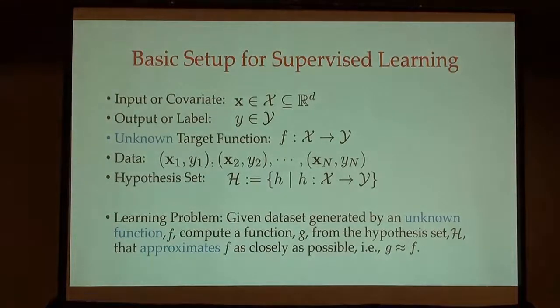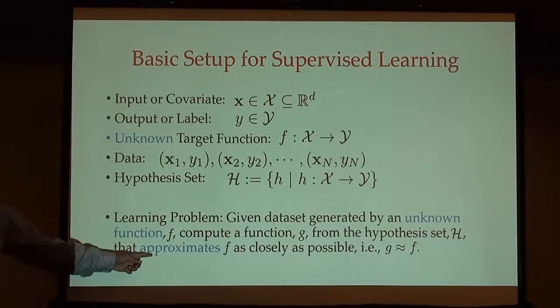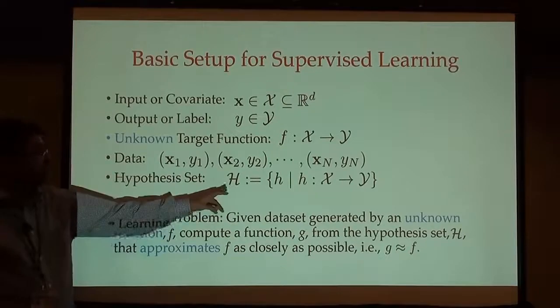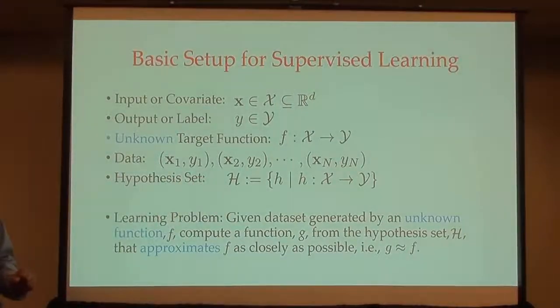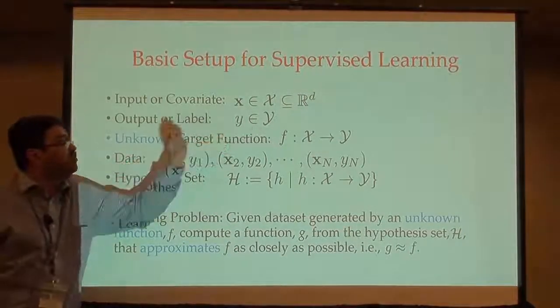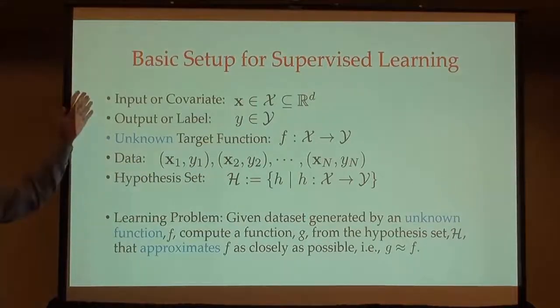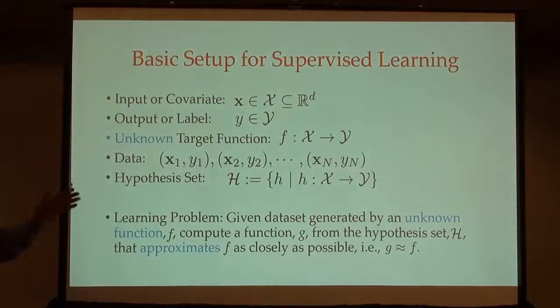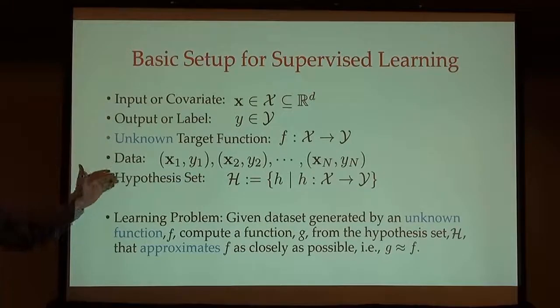Okay? There are lots of words in here. For example, approximates: what does it mean? What can be possible hypothesis sets? What can be possible output labels? So what I will do in the next few slides is go over each one of these questions one by one. Okay?